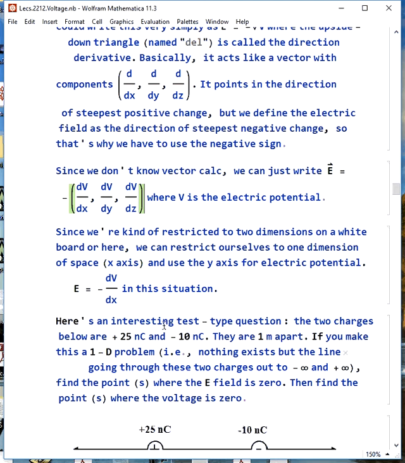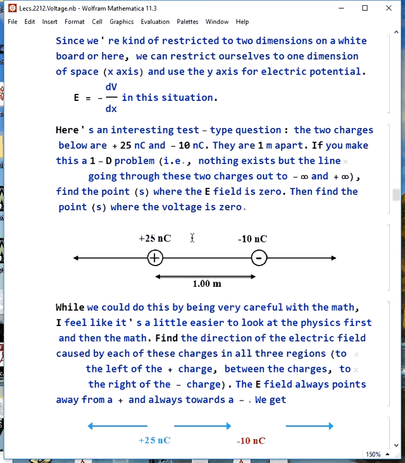Now, since we're essentially doing things two-dimensionally with a whiteboard or this medium, we can restrict ourselves to one dimension of space and use the y-axis for the electric potential. So in that case, the electric field is negative dV/dx. Now, this next question has popped up, I've put this on tests before.